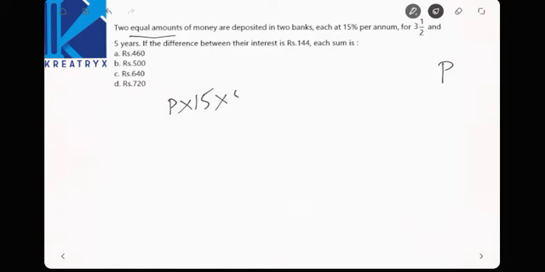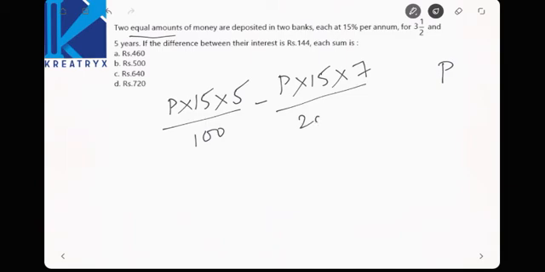Now see here, P into 15 is the interest rate for 5 years by 100, minus P into again 15% interest rate, but for 7 by 2 years, 7 by 200, and the difference is nothing but the interest difference, that is equal to 144, right?